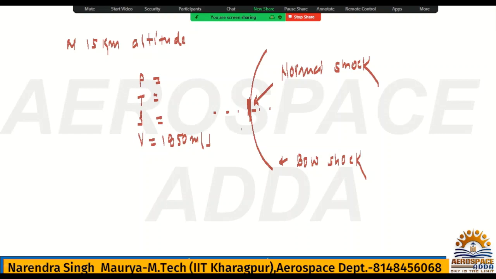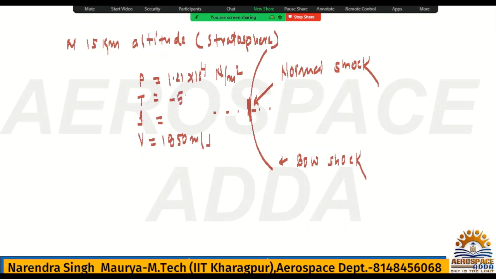Okay. What will be the pressure at 15 kilometer altitude? You can write 1.21 into 10 power 4 Newton per meter square. This is the stratosphere. 15 kilometer is the stratosphere. Okay, you calculate this value. Already in the atmosphere chapter I had explained well.